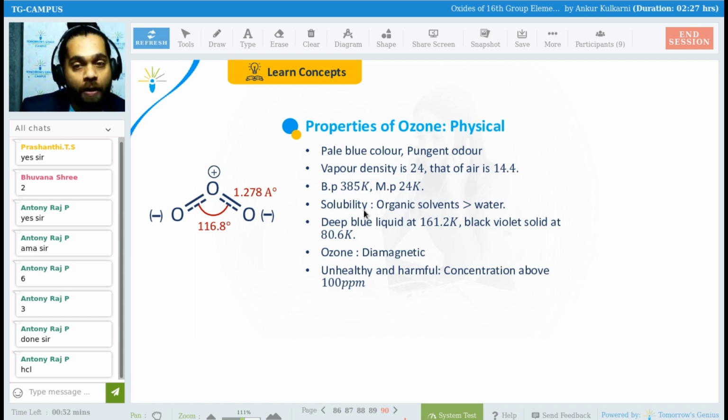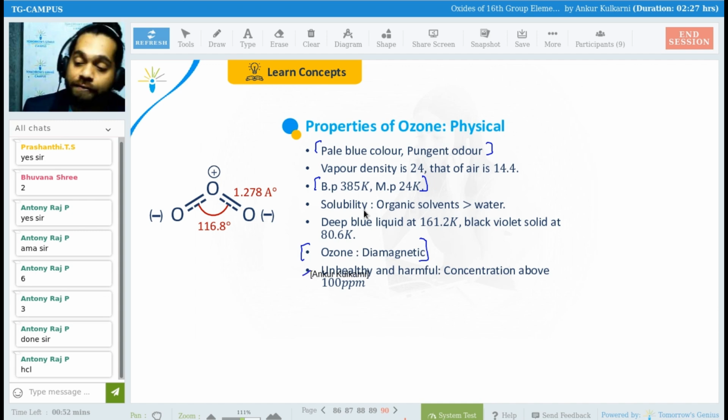Now we are with the ozone. The color is pale blue, with a pungent odor. Read it afterwards: boiling point 385, melting point 24 Kelvin. It is diamagnetic in nature. At a concentration above 100 ppm it is harmful.